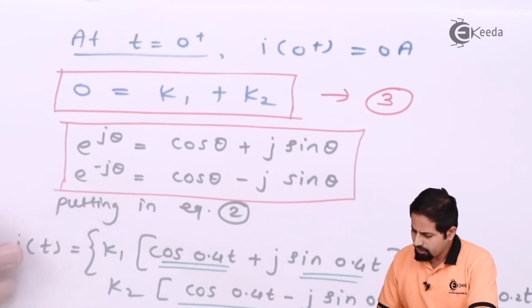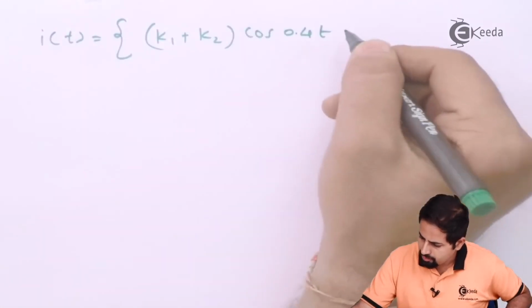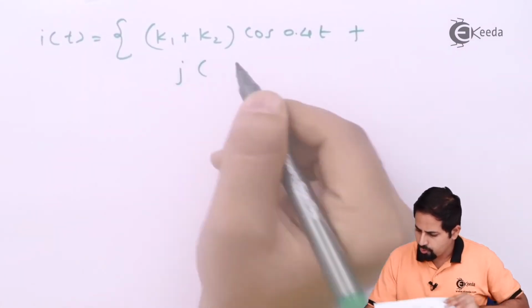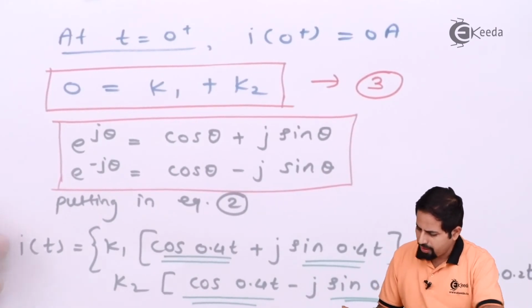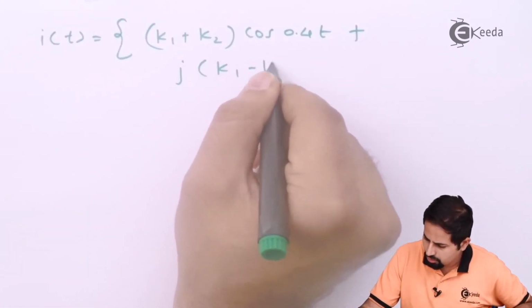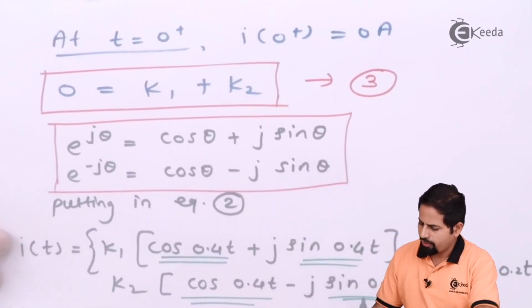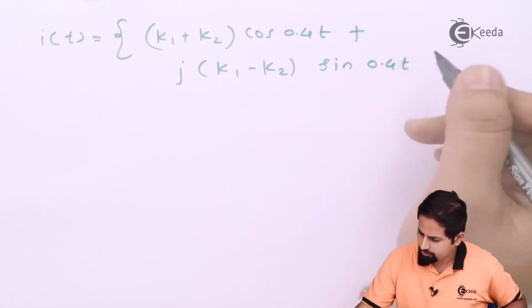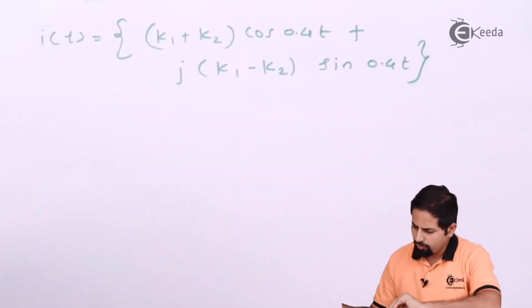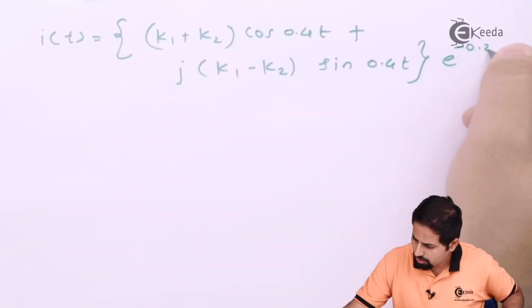So j is common, so if I combine these terms, what I shall get is plus j into k1 minus k2, then sine of 0.4 t. The whole multiplied by e to the power minus 0.2 t.